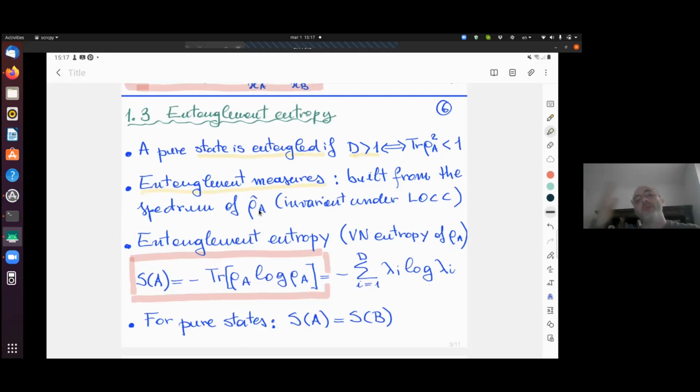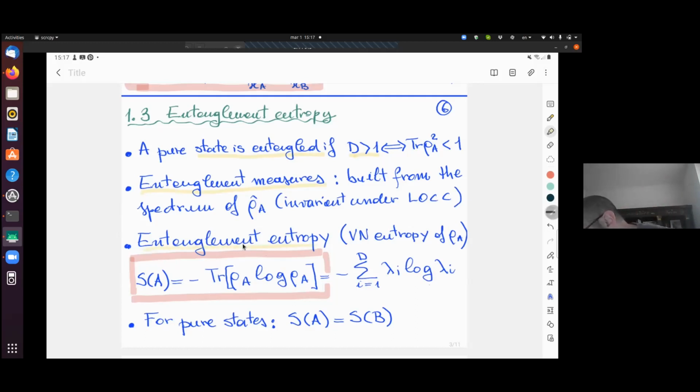Okay, which is a way of basically quantifying how mixed the density matrix rho A, which is the relevant one to the experiment, is. Okay, so well then, in this way one can define the so-called entanglement entropy.